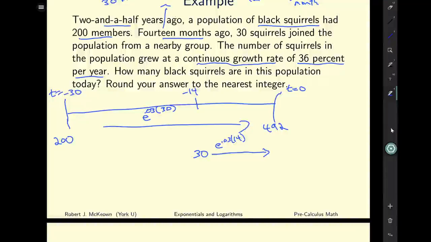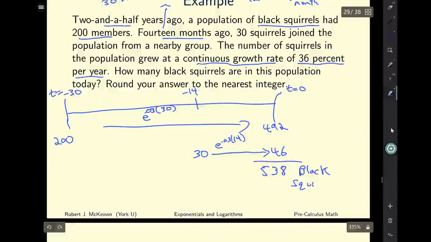And so those 30 will become, well, my calculator says 45.66, so I'll just call that 46 squirrels. How many squirrels do we have in total? Well, 492 plus 46, we have 538 black squirrels.